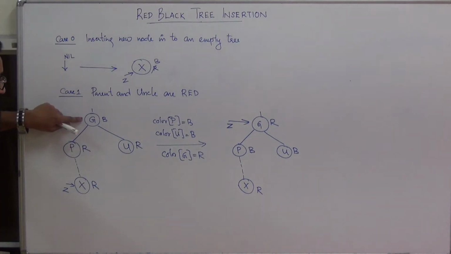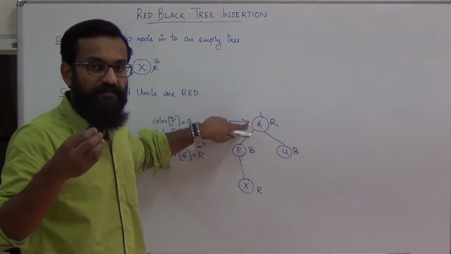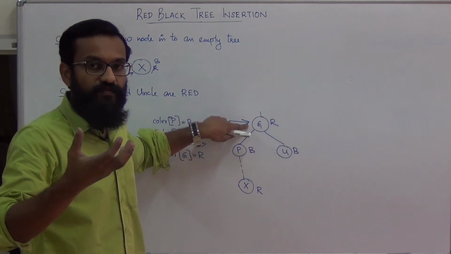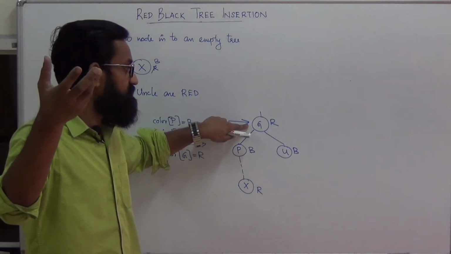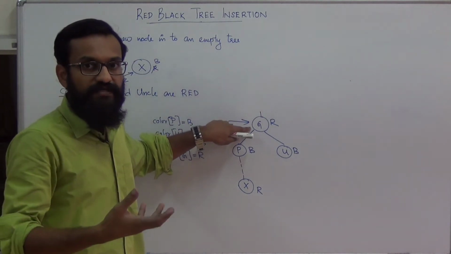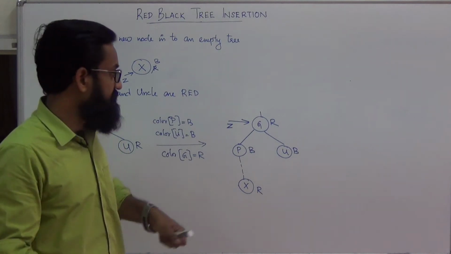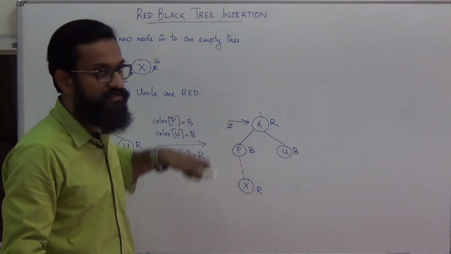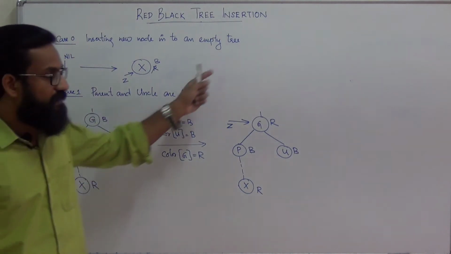After this procedure, G turns to red, and G might be a child. It could be a left child or right child of some other parent. If that parent was red, then again this transformation will violate coloring property. So again you have to fix up. That's the reason for shifting the pointer Z to this node. And again you will be checking whether it falls in case 1 or the subsequent cases.